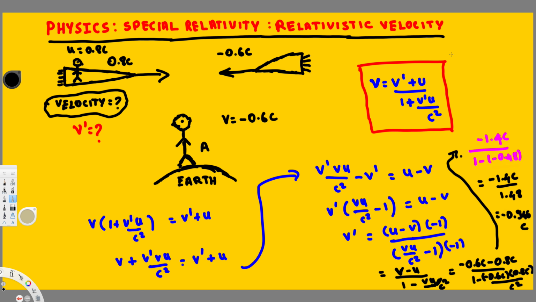So the final answer is v prime is equal to negative 0.946c. This is the velocity that's going to be observed by this person traveling from this spaceship. So this is the velocity of this one observed by this person, right?